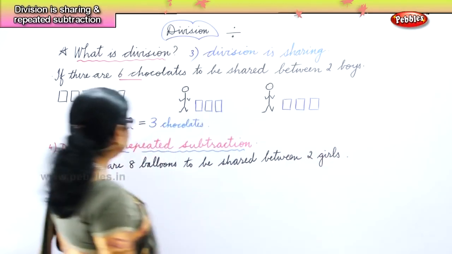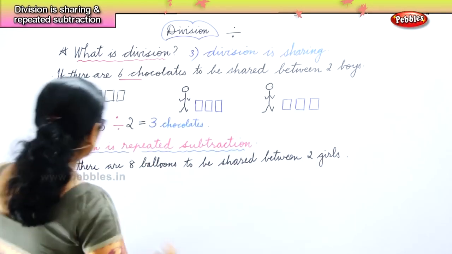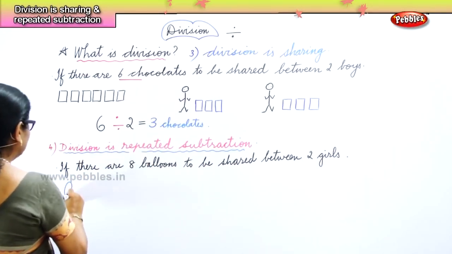And remember, division is repeated subtraction. Now, look at the balloons. Let's put the balloons here.